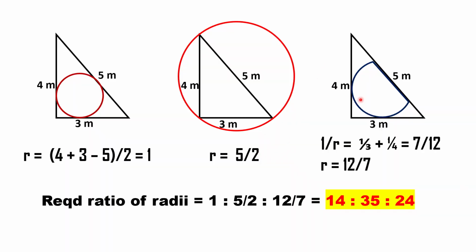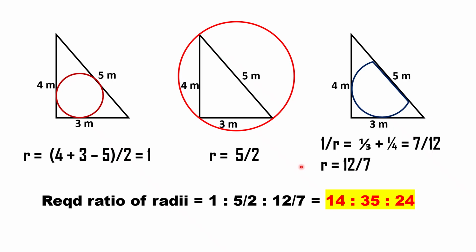And when you have a semicircle in a right triangle and the diameter is along the hypotenuse, 1 by radius equals 1 by leg 1 plus 1 by leg 2. So 1 by r equals 1 by 3 plus 1 by 4, that is 7 by 12, or r equals 12 by 7. So the required ratio of radii is 1 is to 5 by 2 is to 12 by 7.